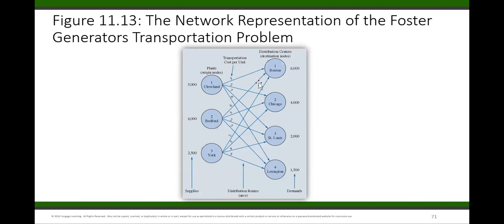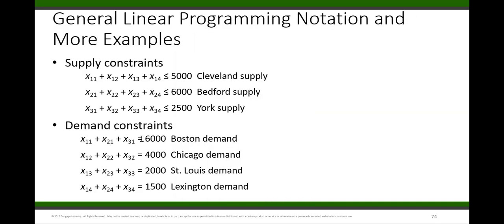The items can come from any of our plants. So the sum of X11, X21, X31 should be equal to 6,000. All right? And then the same thing for Chicago, St. Louis, and Lexington. You have to have the total items sent equal to the demand. This will make sure that the demand is satisfied.